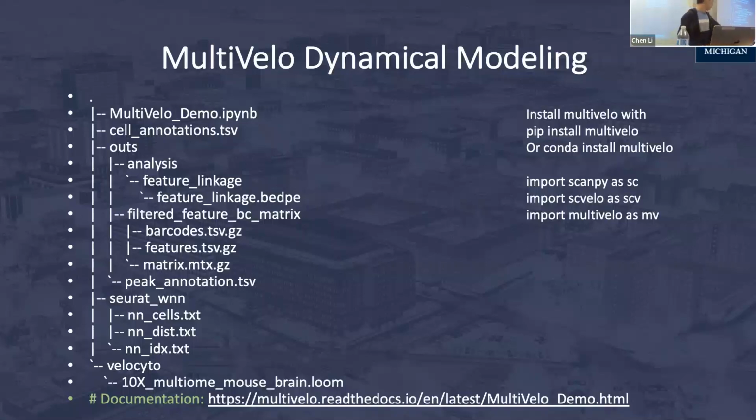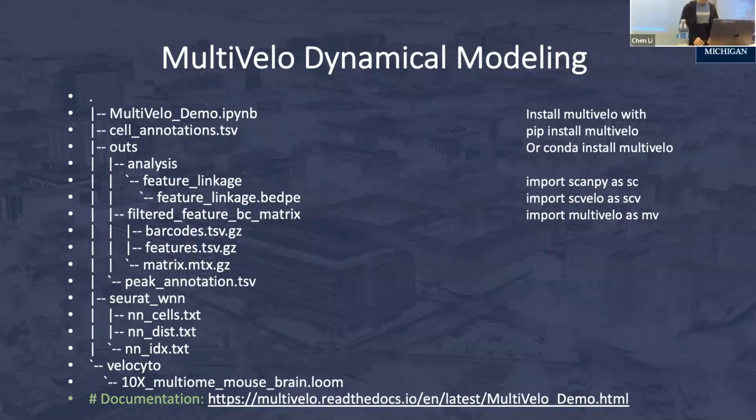And then Velocyto is used. Velocyto is a method for RNA velocity as well. It is solely used to quantify the unspliced and the spliced counts.